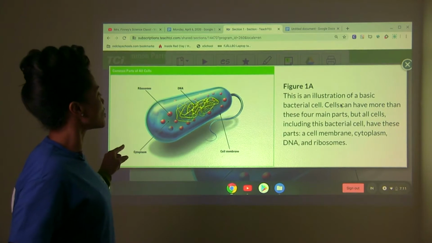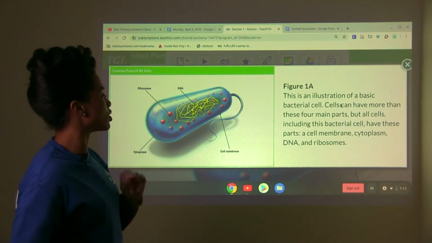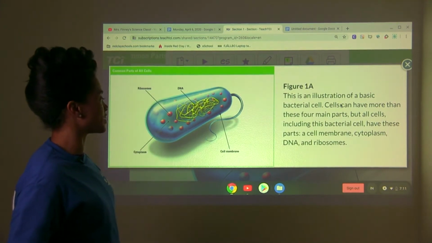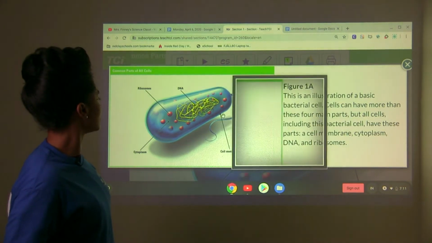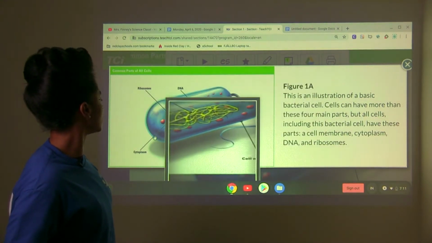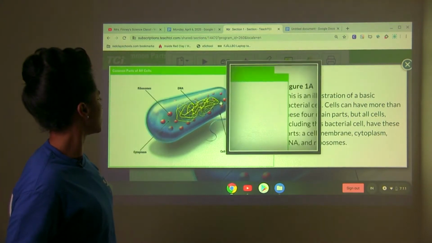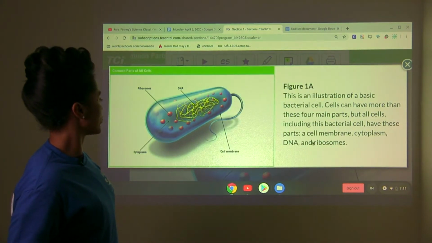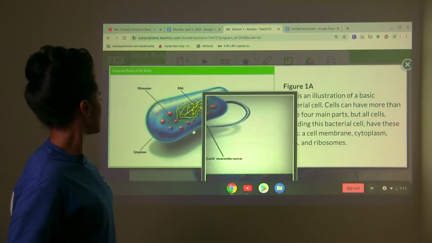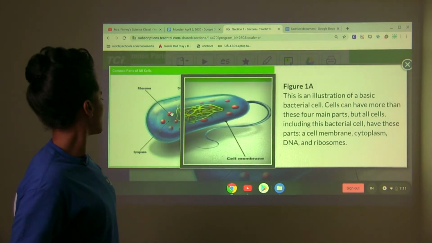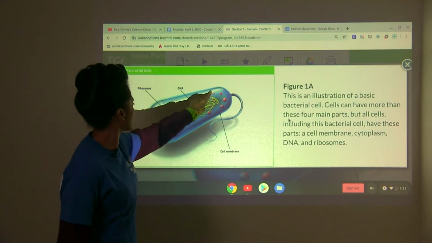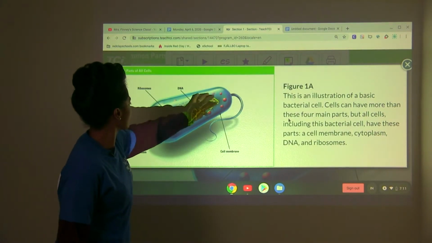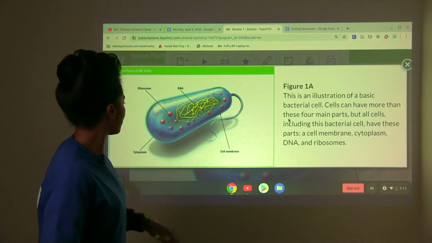Cells can have more than these 4 main parts, but all cells, including this bacterial cell, have these parts. A cell membrane, which is right here. Okay, it surrounds the cell. Cytoplasm, okay, fills in the cell. That's this blue section in here. Okay, and we'll talk about that.